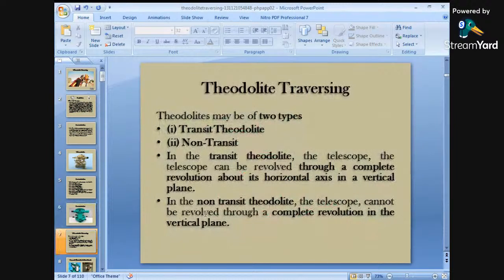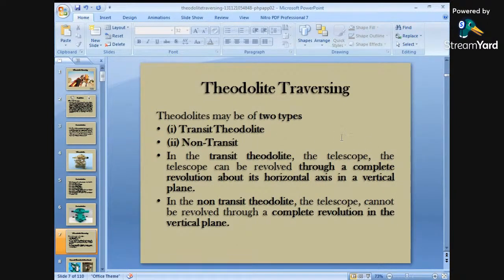After that, mainly there are two types of theodolite currently present in the market. One is called your transit theodolite, and one is called your non-transit theodolite. What is the difference between transit and non-transit theodolite? If we are using a transit theodolite, it can be revolved completely about its horizontal axis.